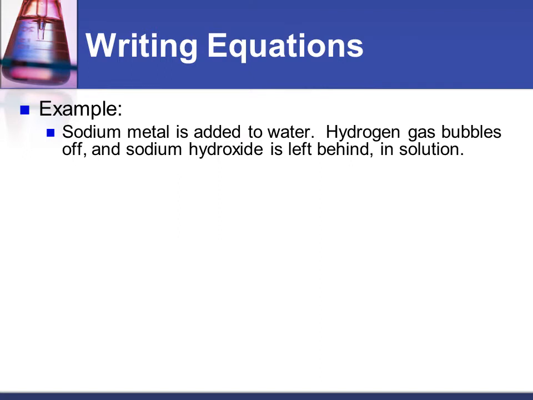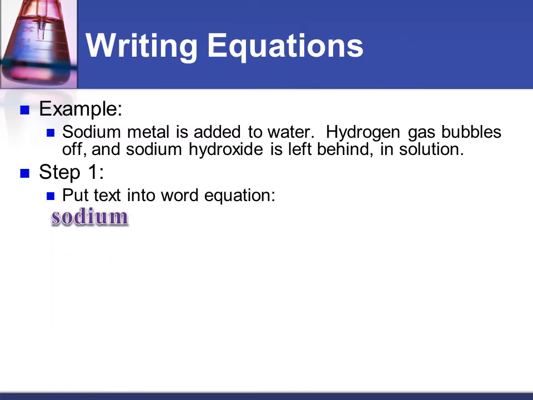So here's an example. Sodium metal is added to water. Hydrogen gas bubbles off, and sodium hydroxide is left behind in solution. The first thing you want to do is think about what's going on. It says there's sodium metal, and sodium is added to water, so that would be plus water.